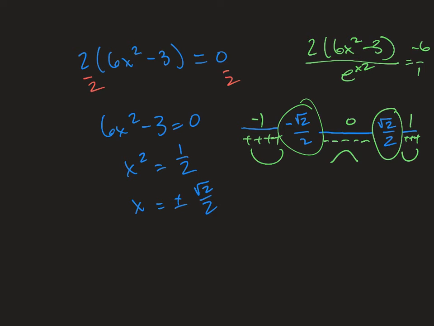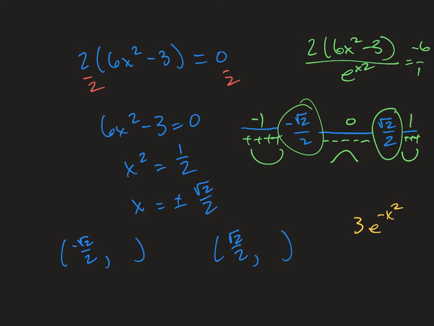The last thing we need for this problem is to find the x and y coordinates. So I need to plug both of these values into the original function so I can figure out the ordered pairs. The original function was 3e to the negative x squared.